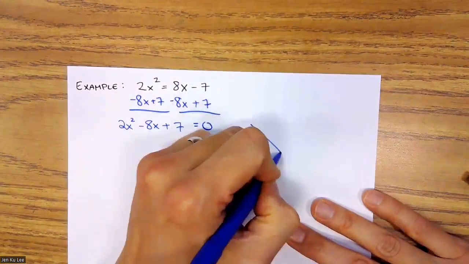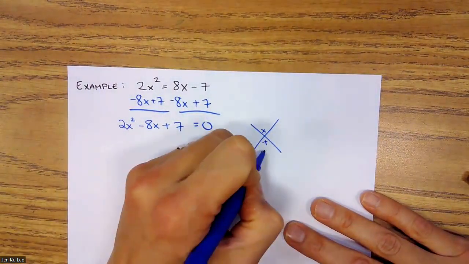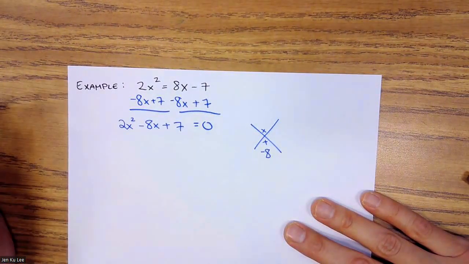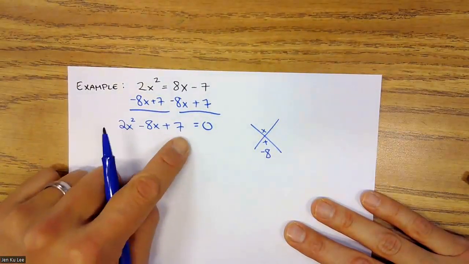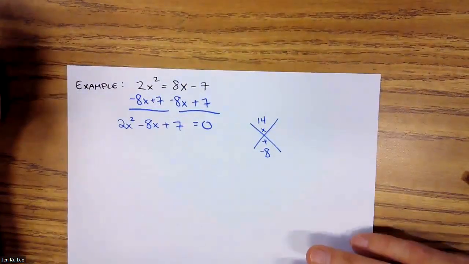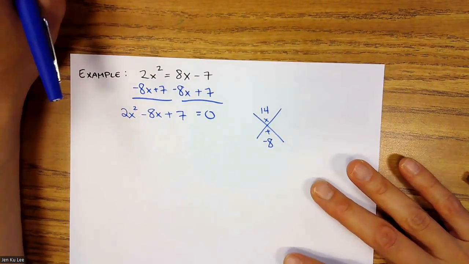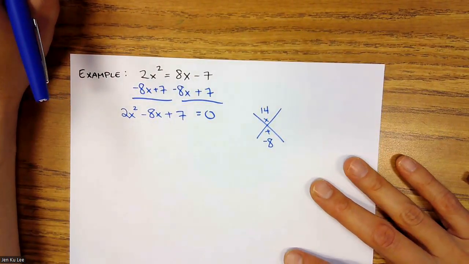Now, check the x method. Adds up to negative 8. Gets me a product of 2 times 7, which is 14. Can you guys come up with the two numbers?